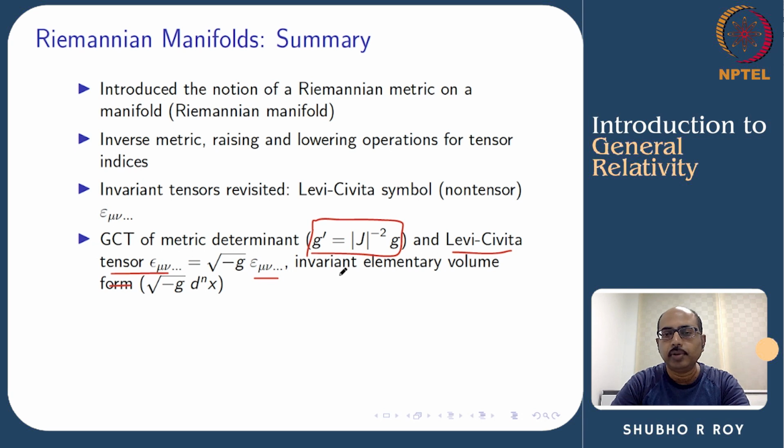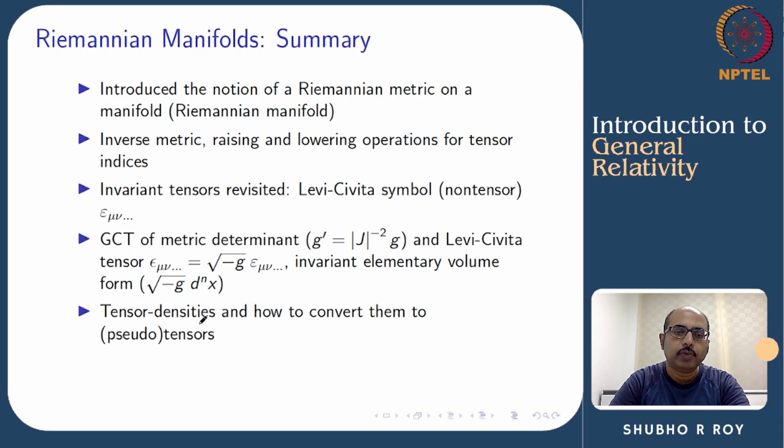And similarly, we will define an elementary volume element or elementary volume form, which is given by the square root of g times the usual volume element. This is invariant under general coordinate transformations, so it's a scalar.